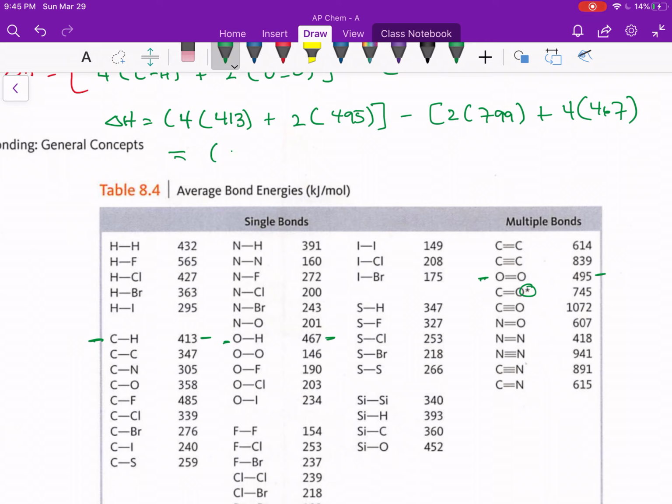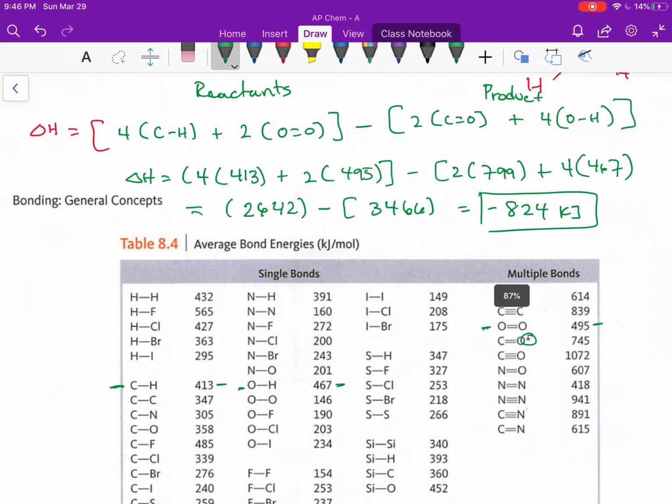This is going to be 2642, minus, on this side, 2 times 799 plus 4 times 467, and that's going to be 3466. That's going to give us negative 824 kilojoules. So that's delta H for this process.